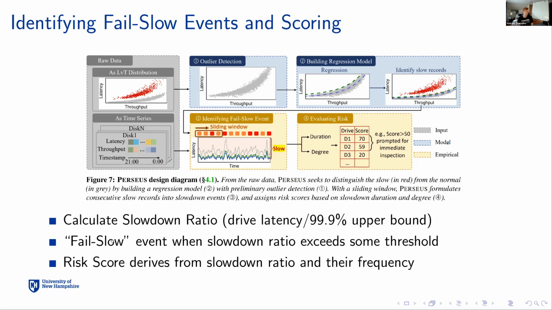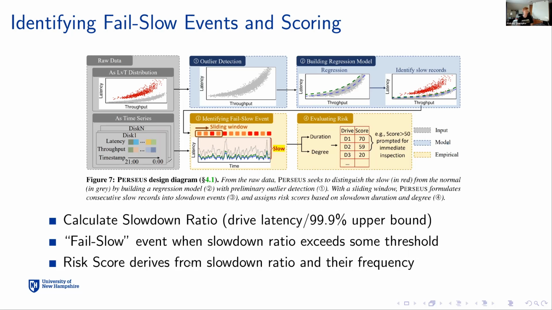The slowdown ratio allows them to tell whether to classify this event as fail slow or not. If the slowdown ratio exceeds some threshold which they set, then it's considered a slow event, and they have different classifications of slow events, like borderline slow, normal slow, and really bad slow.